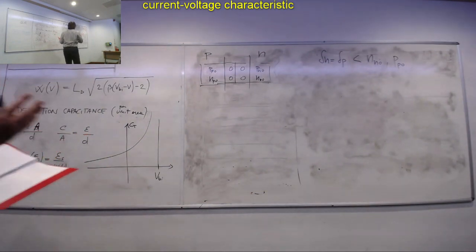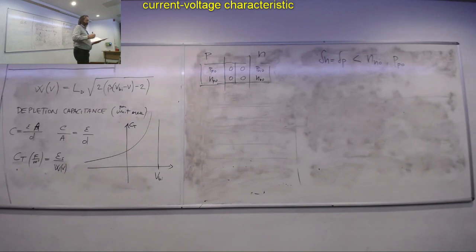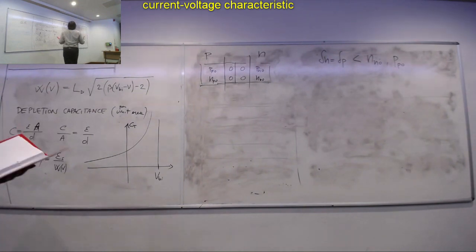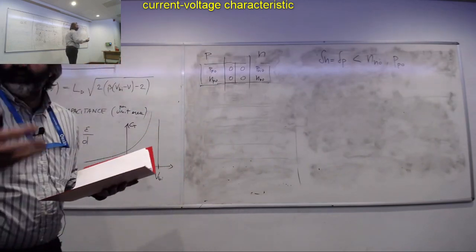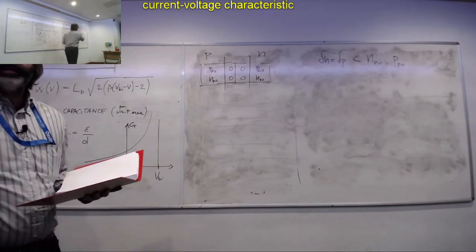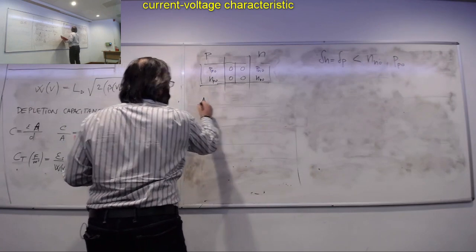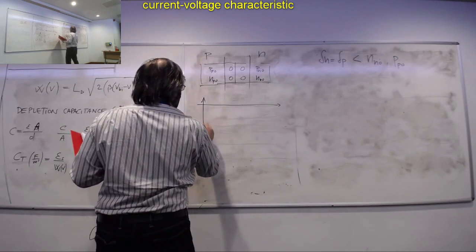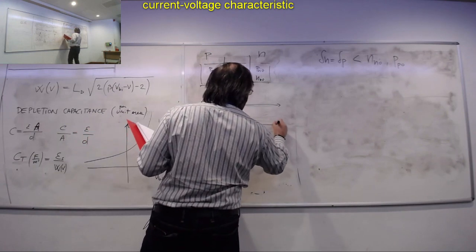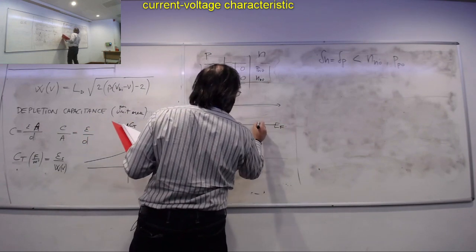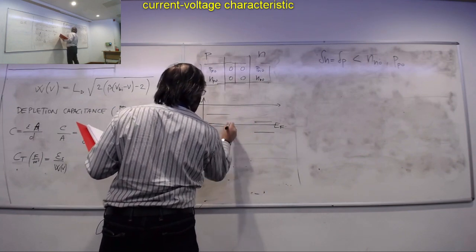This is actually a bit unrealistic, in the sense that we've previously built the energy diagram of the PN junction, and if you remember, it looked like this. At thermodynamic equilibrium, the Fermi level, then we had the N side here, and the P side here.